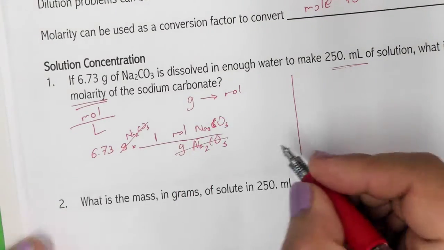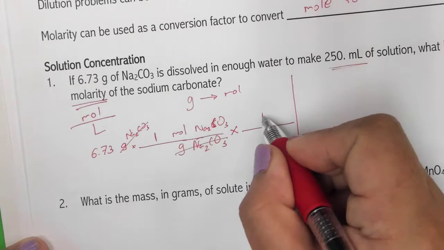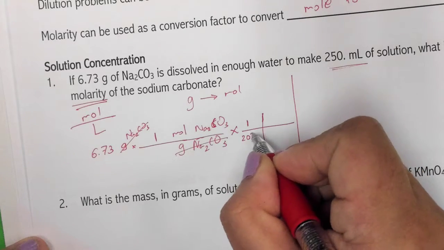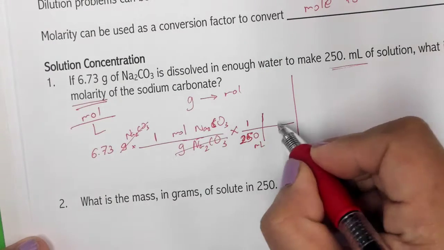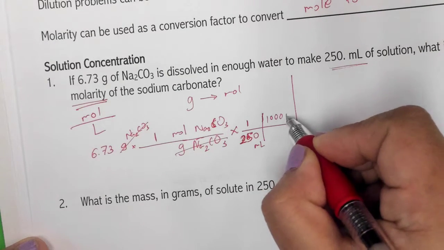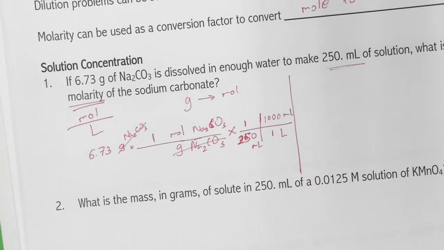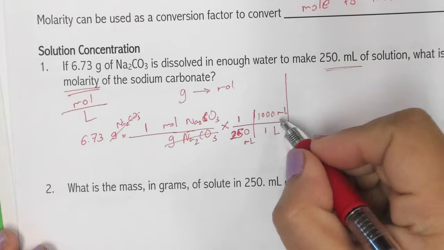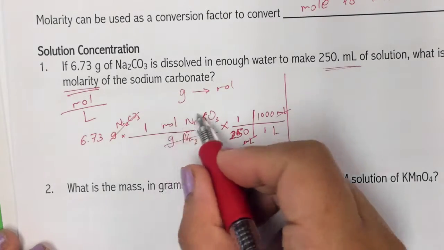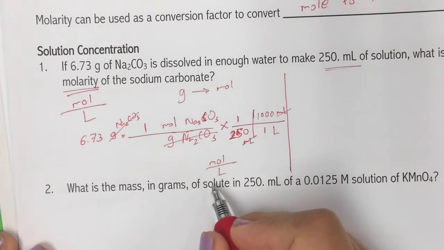I have mole, and I don't want mole, so I'm going to say times 1 divided by 250 milliliter. And I don't want milliliter, so I say 1,000 milliliter is 1 liter. This is kind of like stoichiometry or dimensional analysis. I just cross out the unit I don't want and leave the unit that I want, so that I get mole over liter at the end.